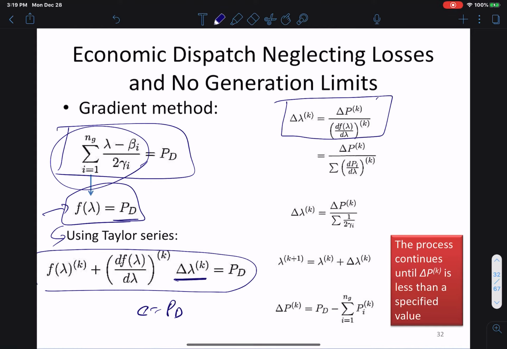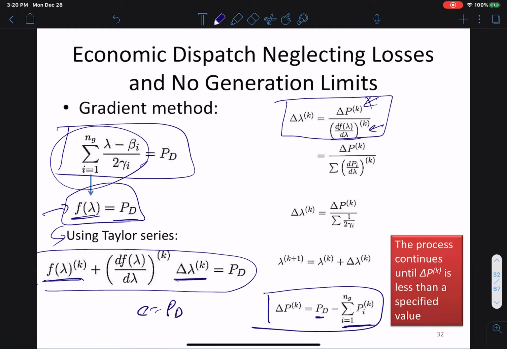As you know, this is the difference between your C minus f(lambda), which is PD minus f(lambda) here. That is your delta P k. And this is the first derivative of the function f right here.